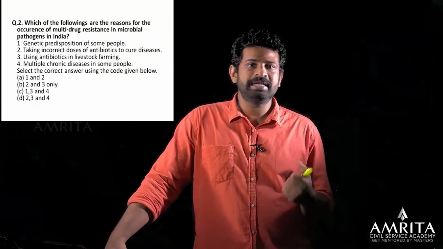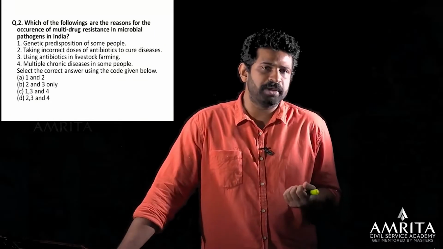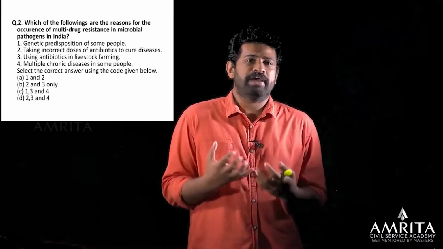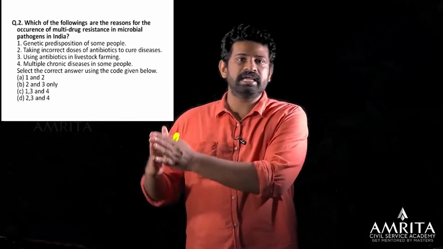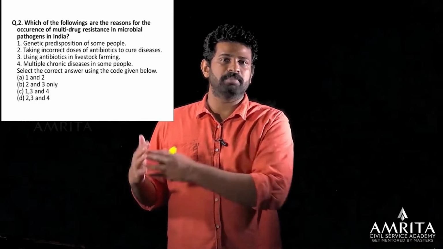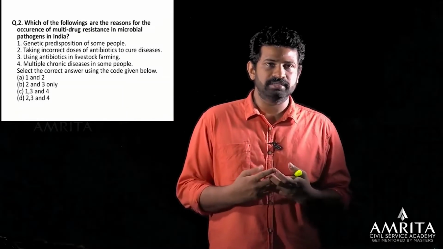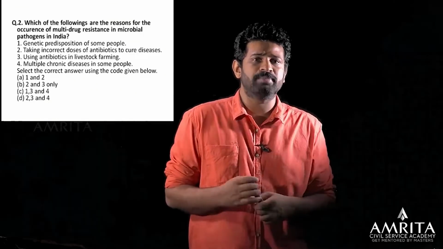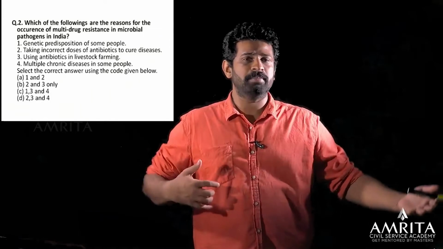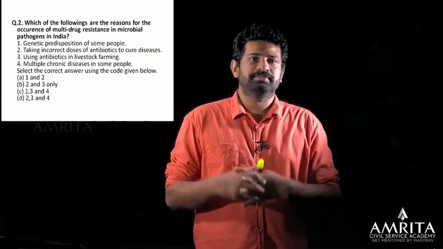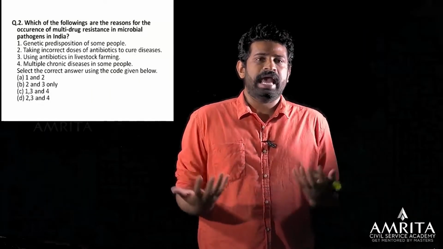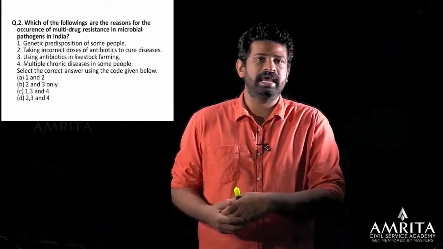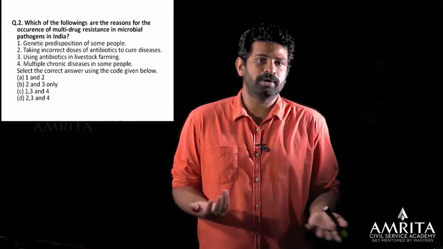But genetic predisposition of some people? I don't think you can think of any logic to connect genetic predisposition of some people to antibiotic resistance, right? Antibiotic resistance is what is actually happening. Our body won't be responding to some antibiotics because our body has already been exposed to maybe some bacteria like that, and has gained immunity over those antibiotics.